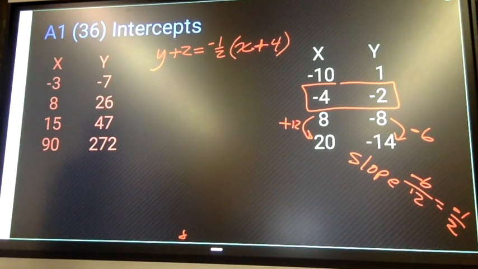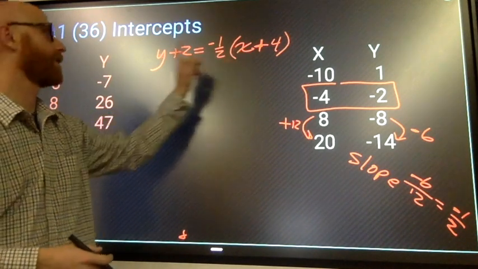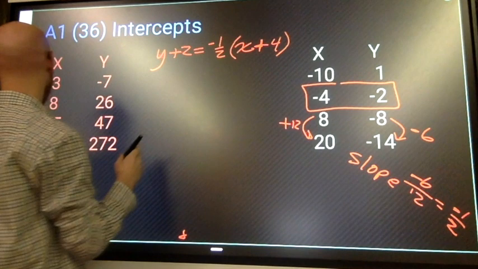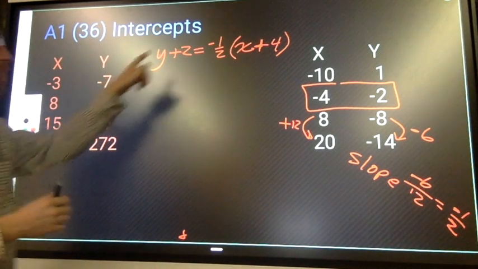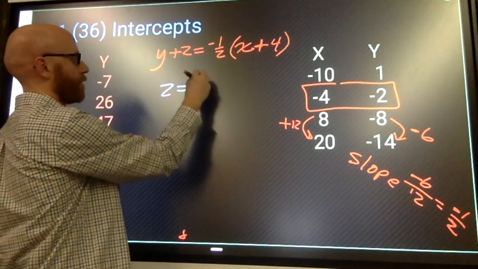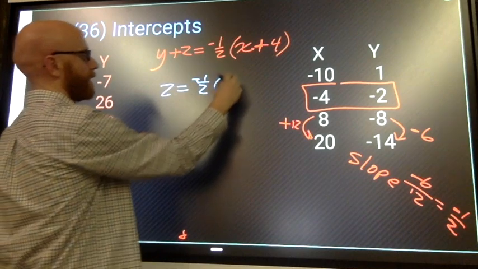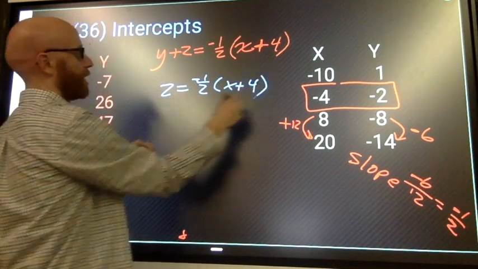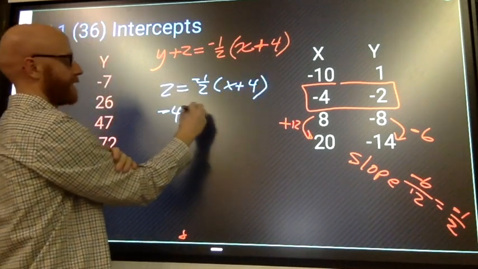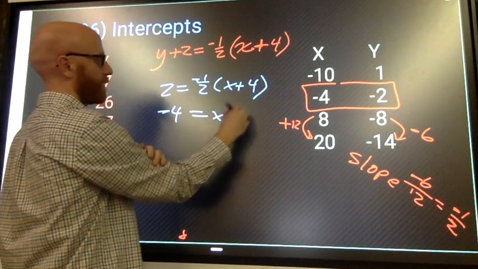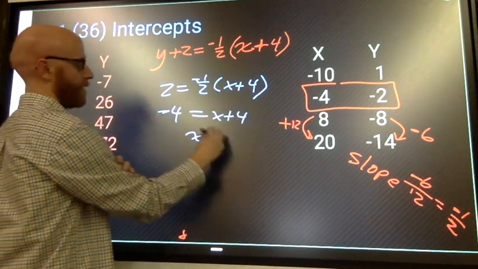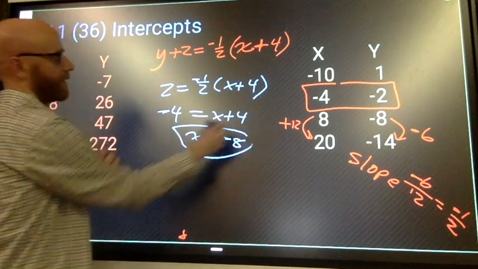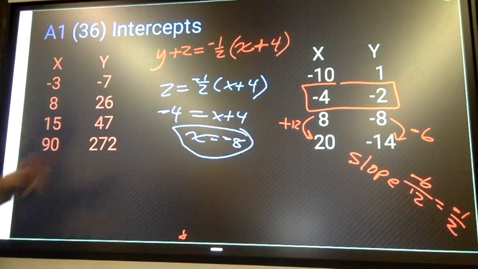I could use it again to say, all right, when y is 0, what's x? 2 equals -1/2 x plus 4. Times -2 on both sides: -4 equals x plus 4. X equals -8. Right? That's the x-intercept, -8, 0.